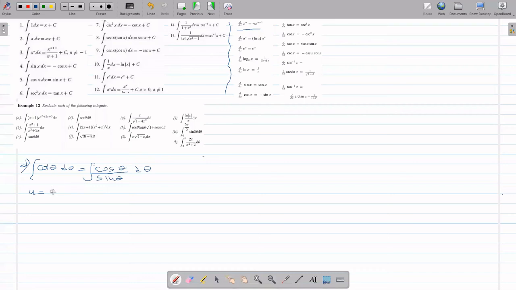So the substitution here is u equals sine theta. Here the derivative, I'm getting from this side. So the derivative of sine is cos theta, no? Yes, cos theta. Now I isolate d theta here. I get du on this side.